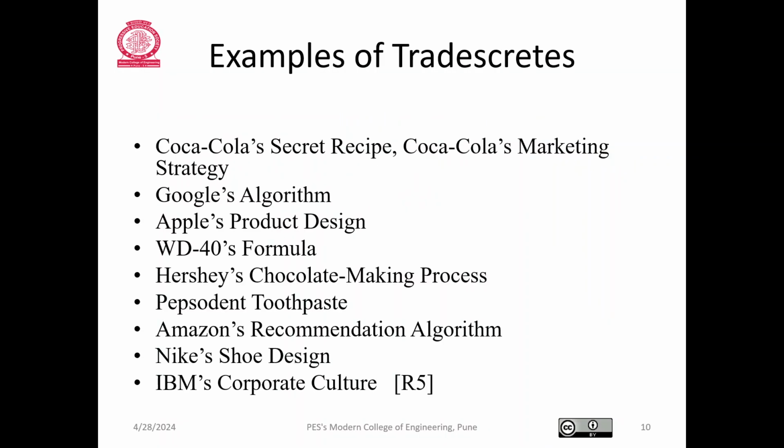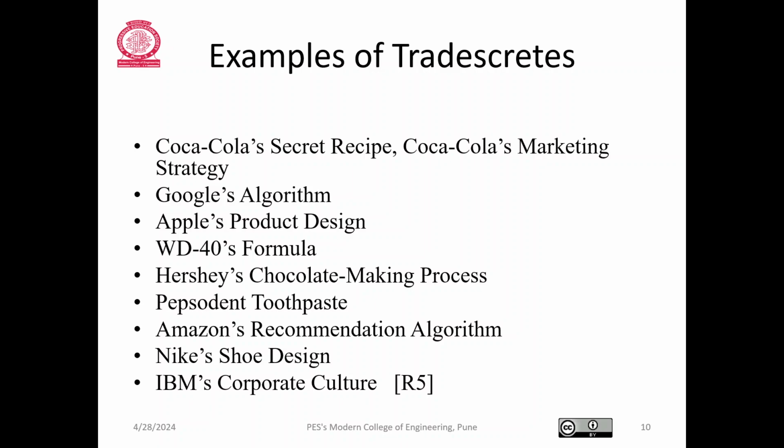So what can be a trade secret? The examples are: the Coca-Cola recipe is a trade secret, the algorithm of Google, the product design of Apple, WD-40's formula, the Hershey's chocolate making process is also a trade secret. The Pepsodent toothpaste is there. Amazon's recommendation algorithm.